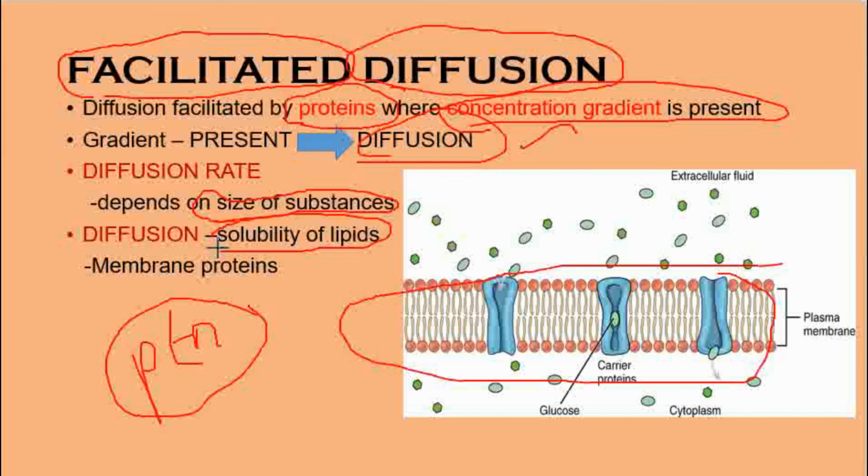And diffusion also depends on the solubility in lipids. Since the cell membrane is made of the phospholipid bilayer, you all know. So the substance being diffused, if it is more soluble in lipid, it becomes easier for the molecule to get diffused. But when it is not soluble in lipids, then the membrane proteins help to diffuse those types of substances.